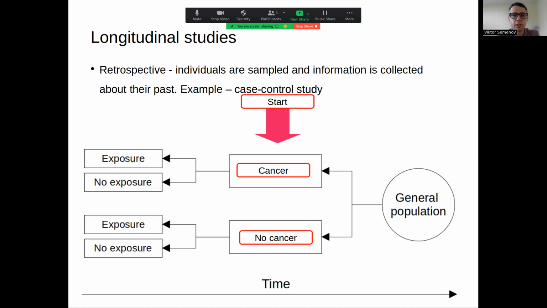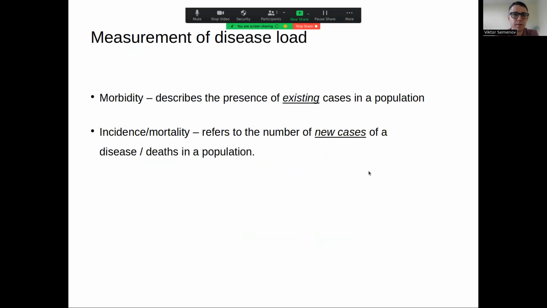In this case, we will not calculate the risk of cancer for smokers, but we'll calculate the odds of having cancer among smokers. And these numbers would usually be pretty close to one another, but they have different methods of calculation, and a bit different statistical meaning behind these numbers. I will stop at this point.